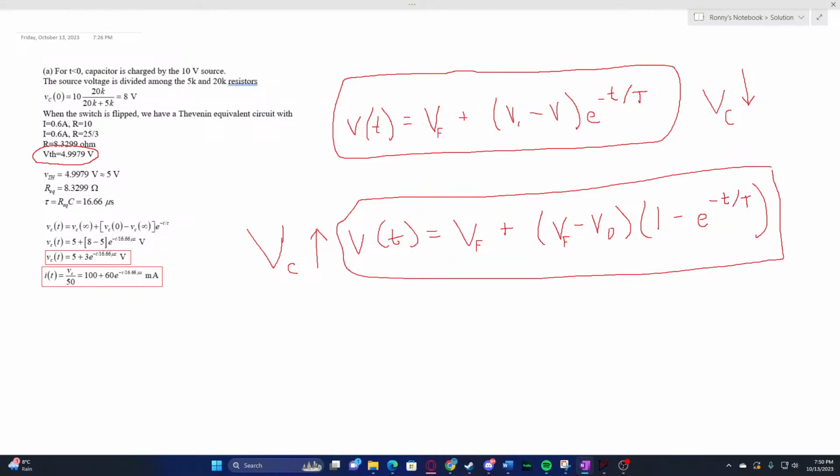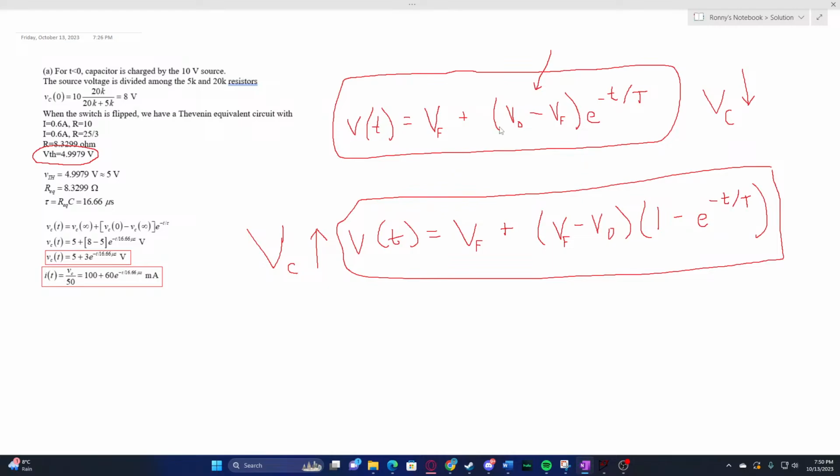You have your initial minus your final. The reason I chose that is so I keep this quantity, or these quantities, positive at the end. That's what they're going to be. But the idea is that you have the voltage that the capacitor is going to drop down to here.